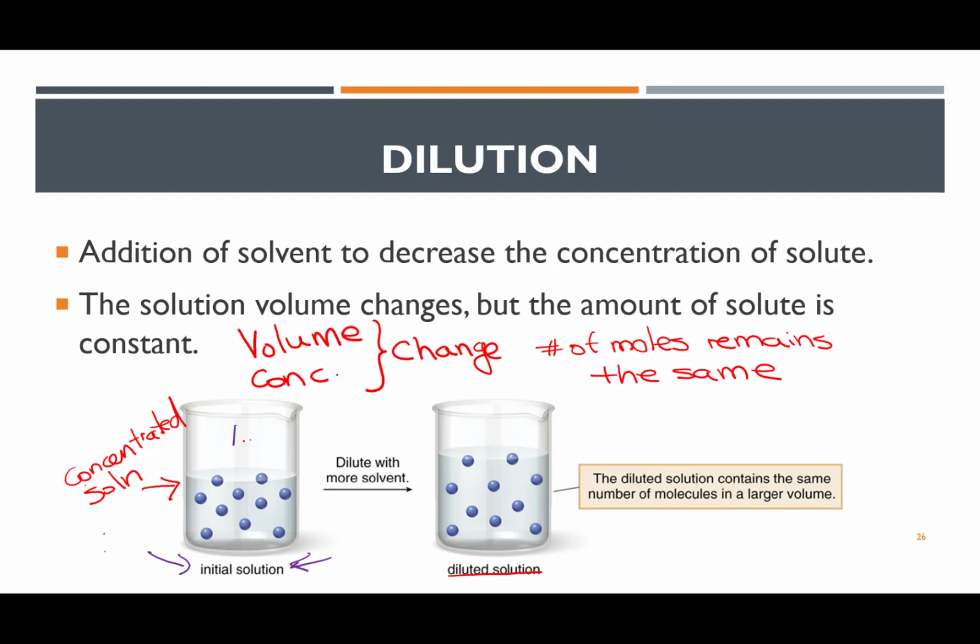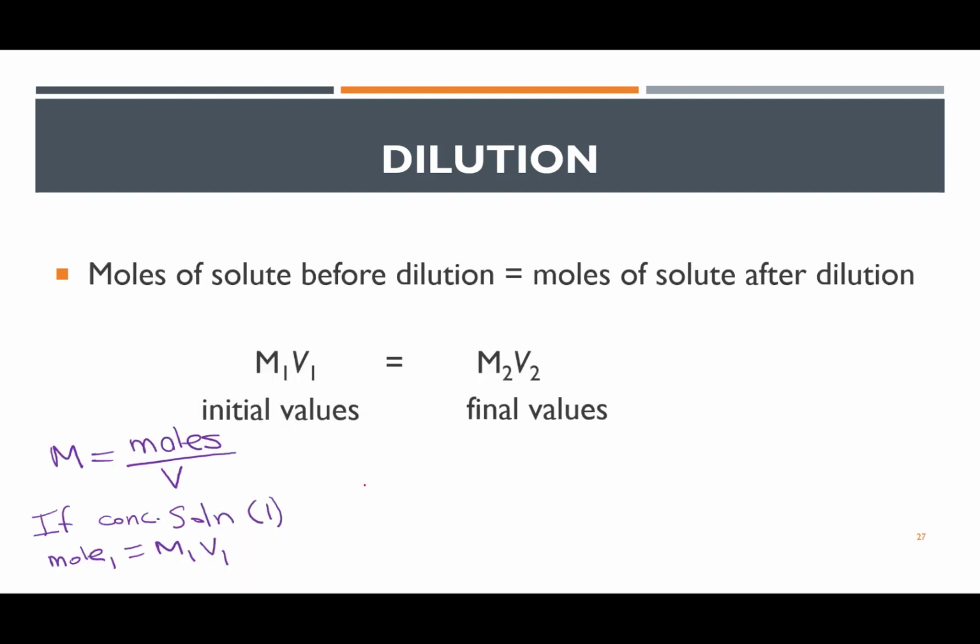I call the concentrated solution 1, and the diluted solution 2. For the diluted solution, the moles are equal to M2, which is the concentration of the diluted solution, times V2, which is the volume of the diluted solution. As I told you guys, during dilution the number of moles stays the same.